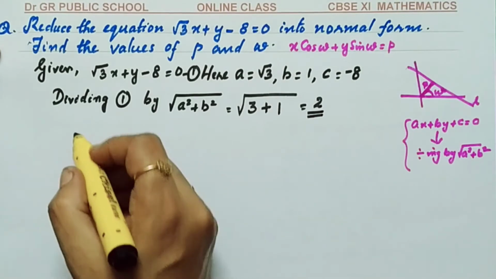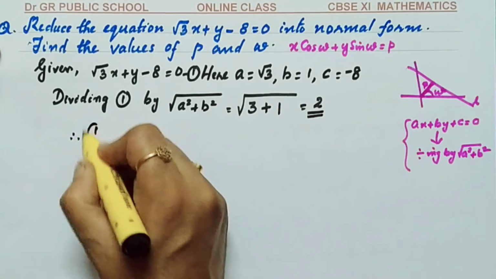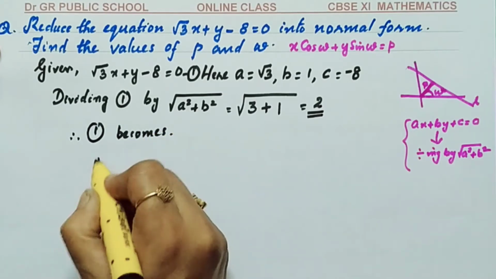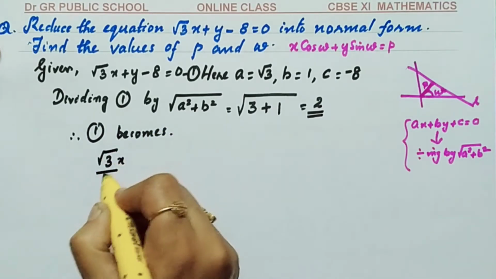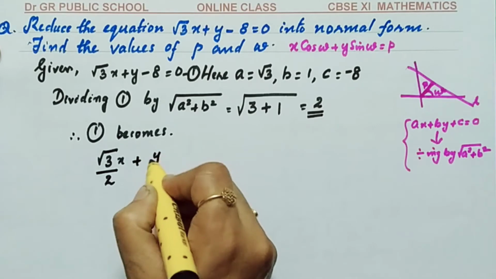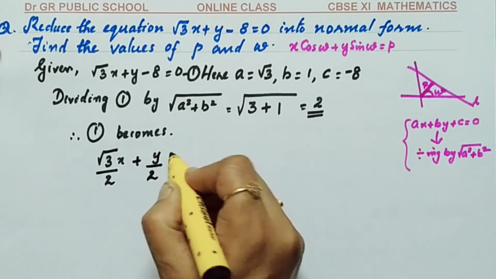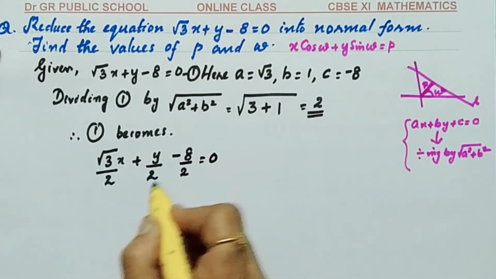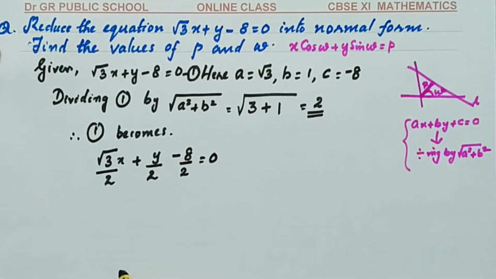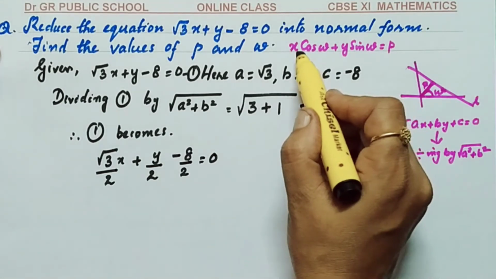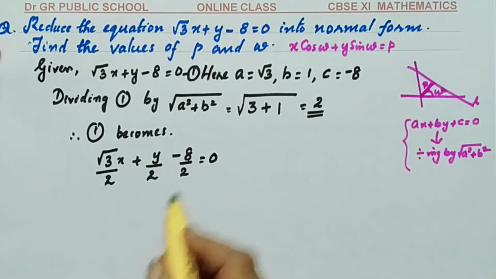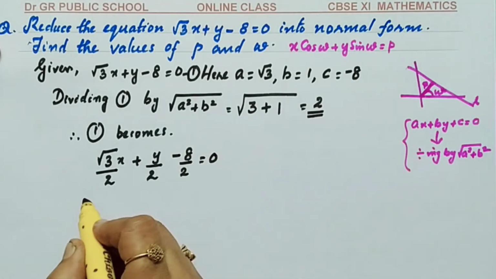Therefore, equation 1 becomes root 3x by 2 plus y by 2 minus 8 by 2 equal to 0. You know what this 2 is? It is dividing throughout by root of a square plus b square. Our aim is to arrange it to the form x cos omega plus y sin omega equal to p, so on the right side I take p.